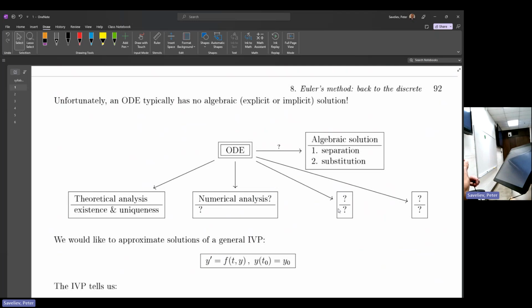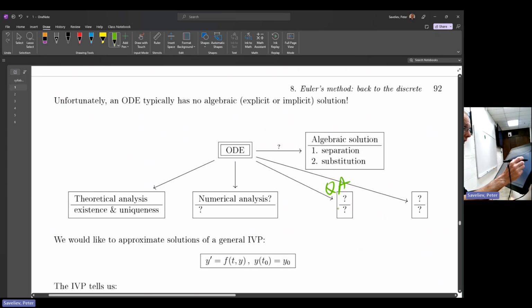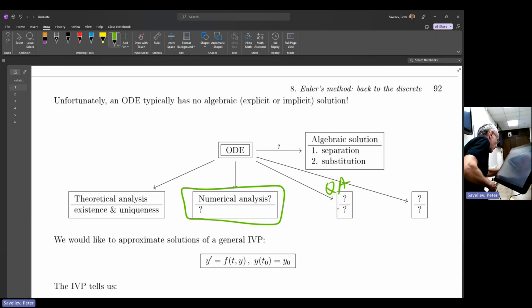We already have covered the theoretical analysis, this is the uniqueness. And the numerical analysis we have done some of. And then there might be other possibilities. We also have qualitative analysis and maybe something else that I don't remember. But basically, this is where we would be going. We're back to numerical analysis. Okay, so stop here and I'll see you next time.